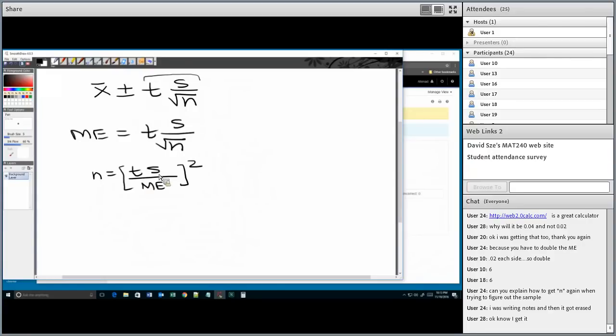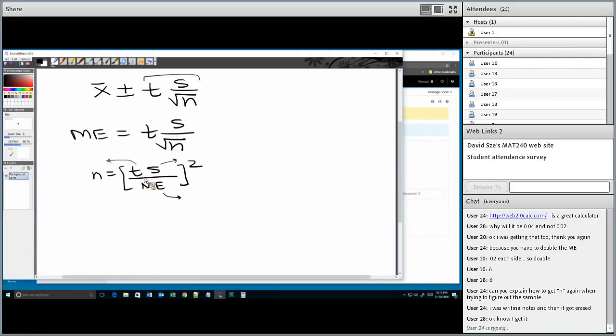So now this is your standard deviation. This is your margin of error. And this is the t, the critical t value. So if you have a 99% level of confidence, you'll have to find your t value. That's how you get to n. By the way, nobody asked me this question, but someone should have asked it.